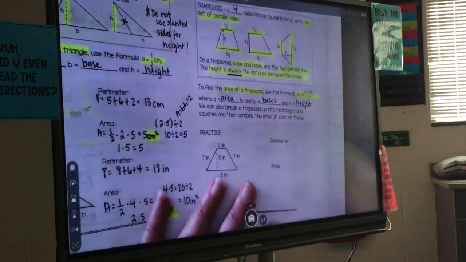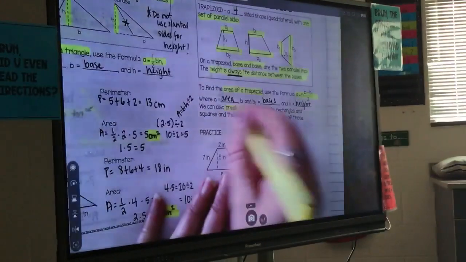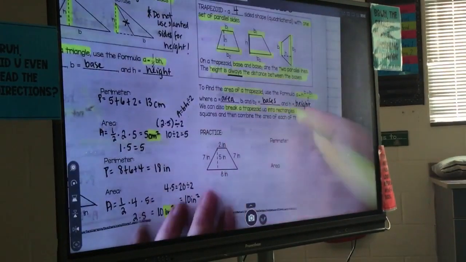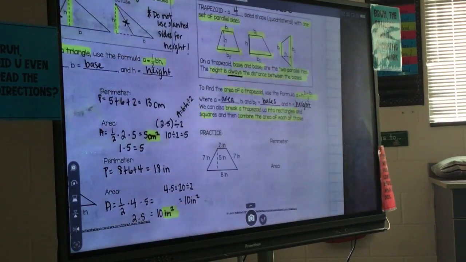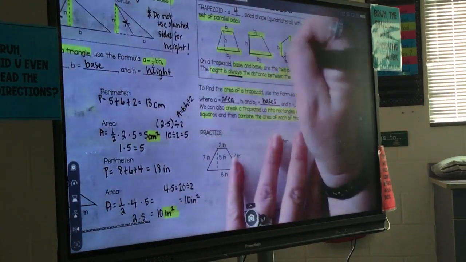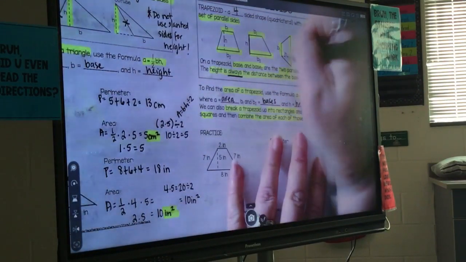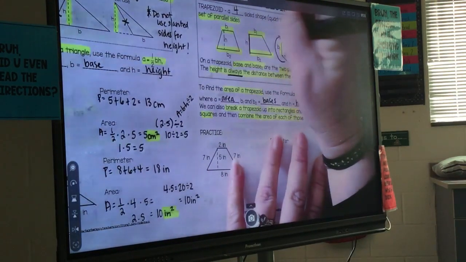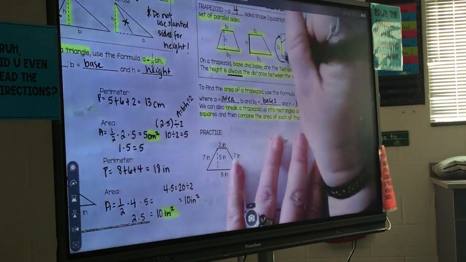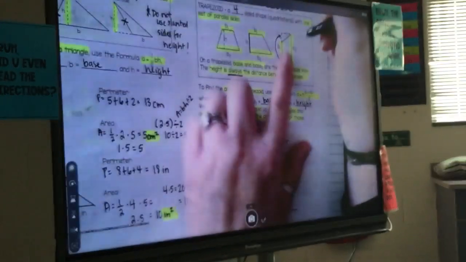Now, here's that special thing where it says you can also break a trapezoid into rectangles and squares and then combine the areas of those. What that means is I can take this piece right here and I can move it over here. And now this piece is gone, and what shape do I have right here?